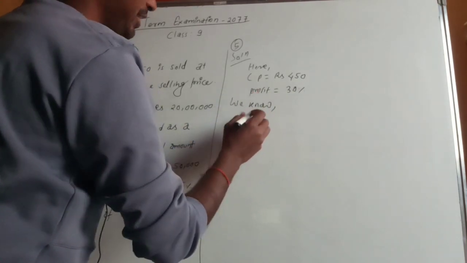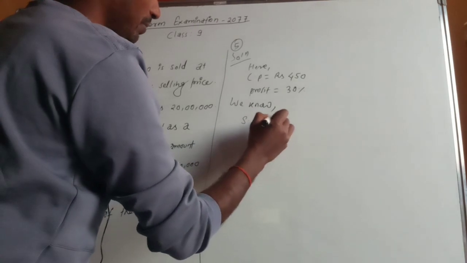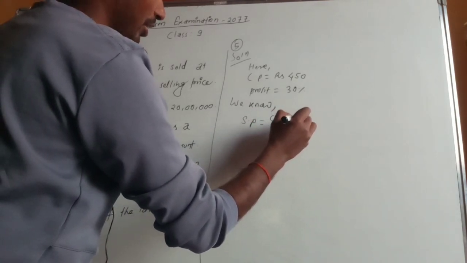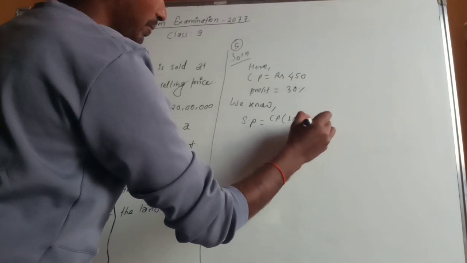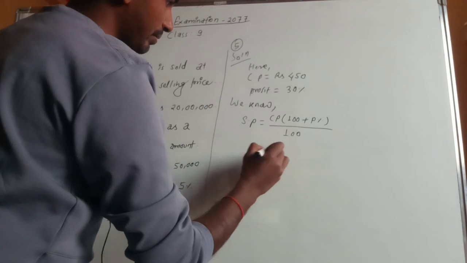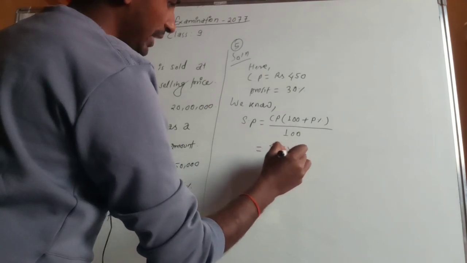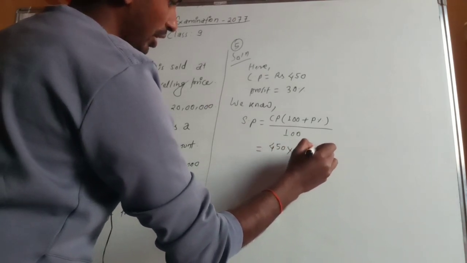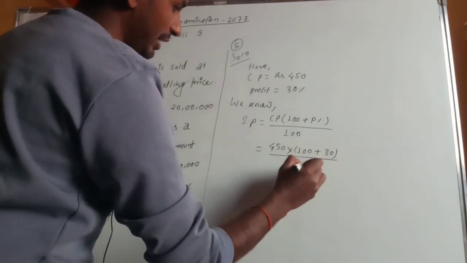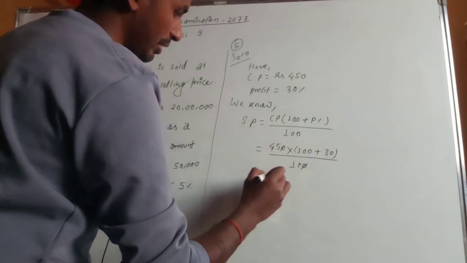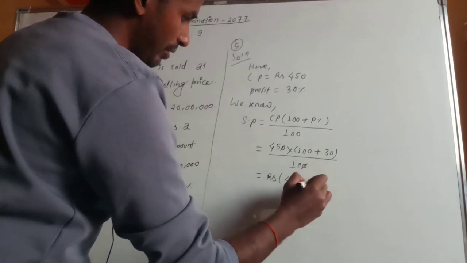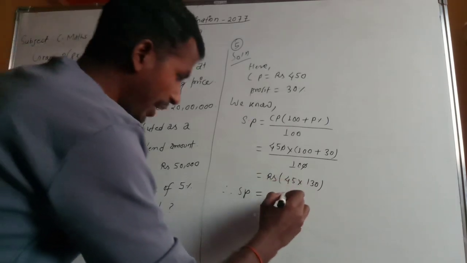If CP and profit percentage are given, we can find SP by using the formula CP times (100 plus profit percent) divided by 100. That is 450 times (100 plus 30) divided by 100. This is 585.